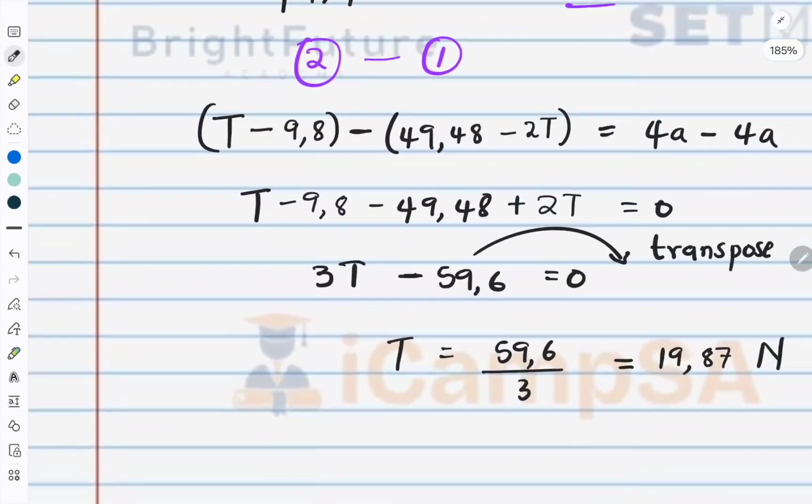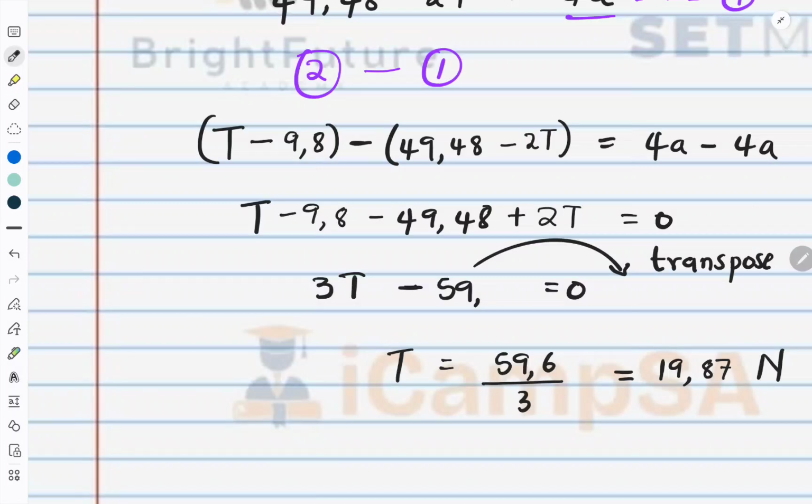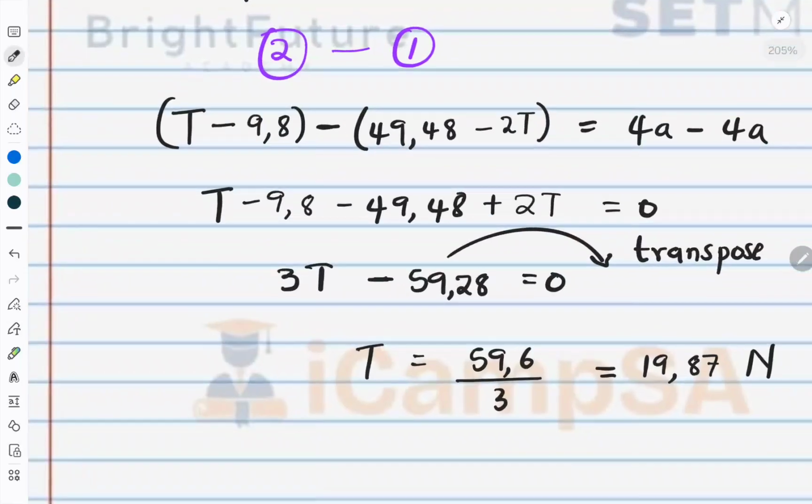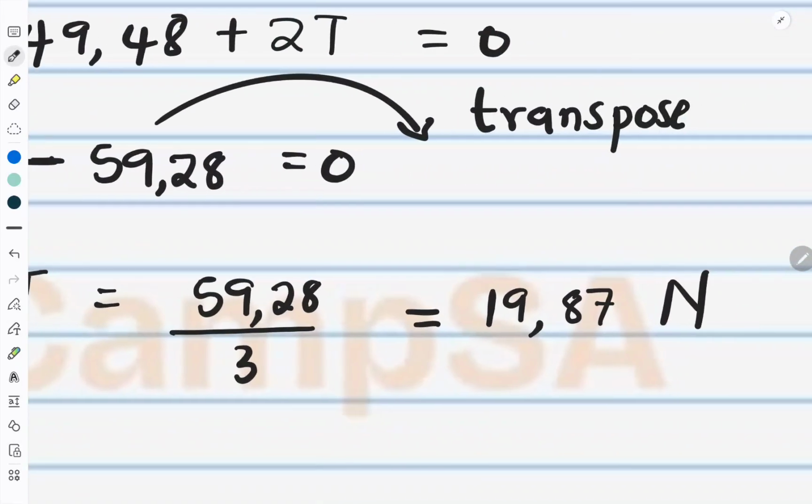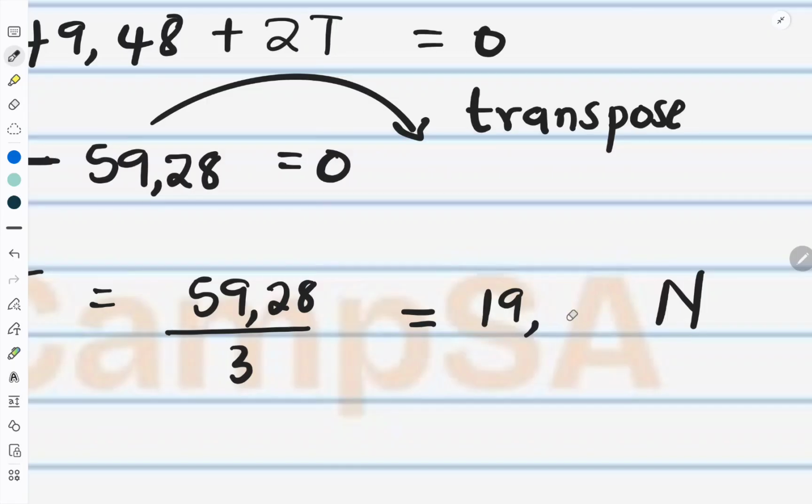So this guy is supposed to be 59.28. Sorry guys, I don't know what's happening with my calculations today. So yeah, now it's fine. Everything is fine now. It happens, okay?